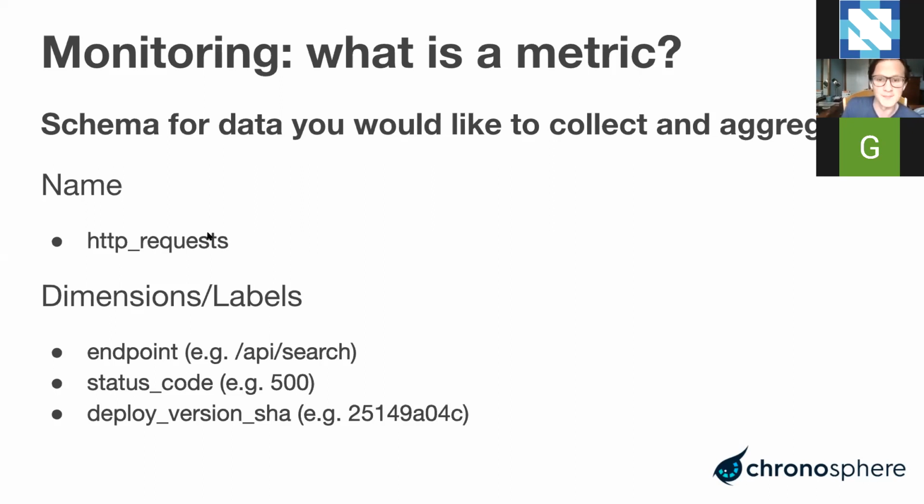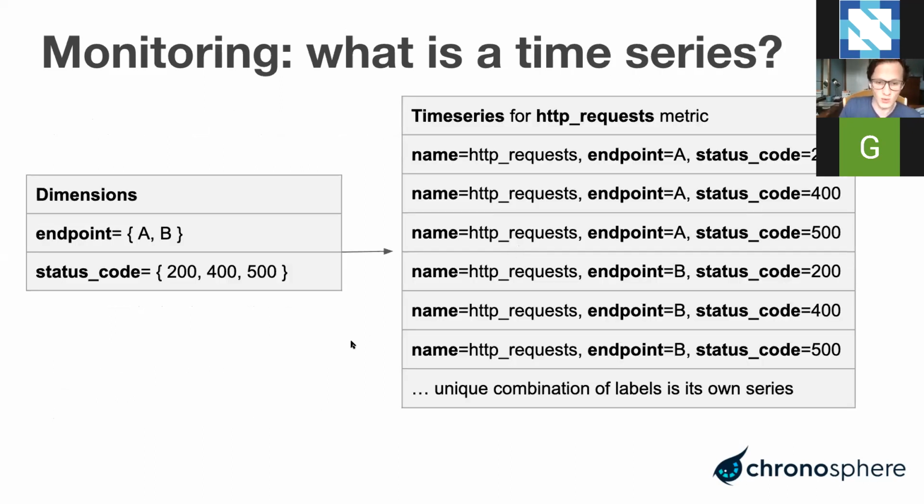So that's more conceptually how you think about a metric and how a user would approach metrics monitoring. But if we think about what a metric is comprised of under the hood, it fundamentally boils down to distinct time series. If we look again at our example of an HTTP request, for every combination of all of the dimensions and their values, there is a unique time series value that is changing over time associated with that unique combination.